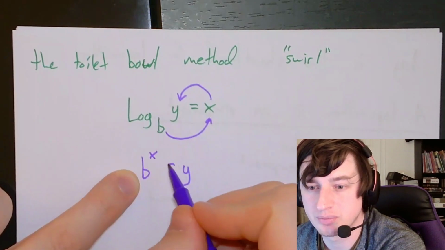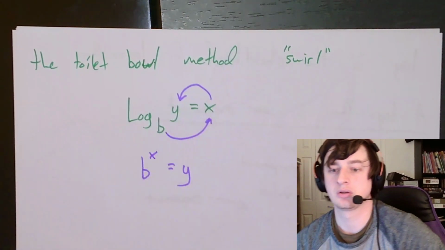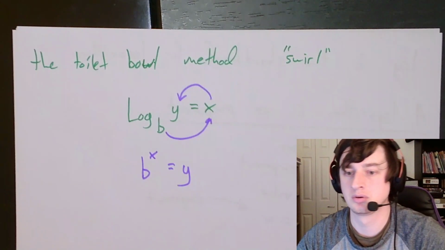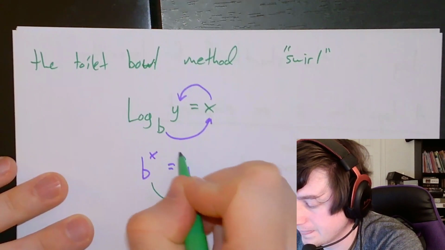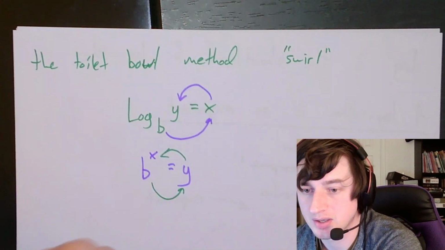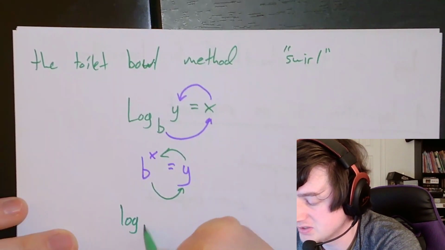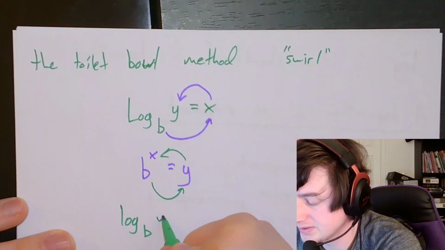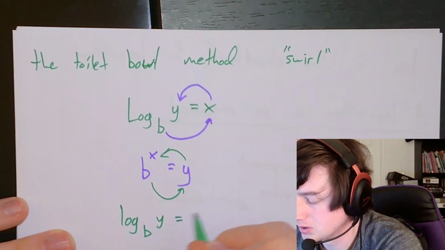You also need to be able to go the other way. You need to be able to go from this back to the log form. b to the y gives us x. Log with base b with y inside, looks kind of like it's raised to the exponent, is equal to x.